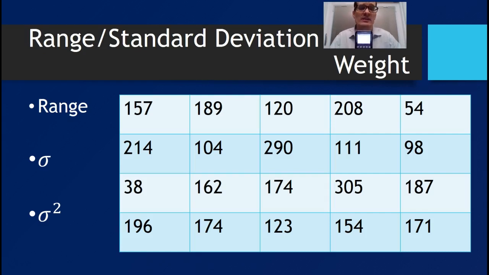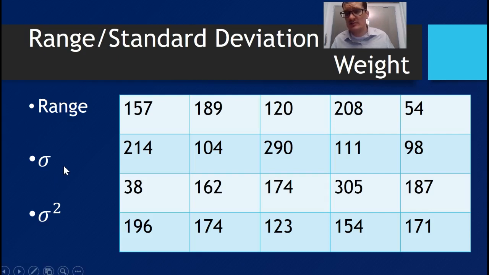If you forgot how to do that, it's stat, edit, and then we input all 20 of these data points into our calculator. So why don't you go ahead and do that? Stat, edit, input everything into list 1, and if you want, pause the video for that, and then we'll use that to calculate the range, the population standard deviation, and the population variance.